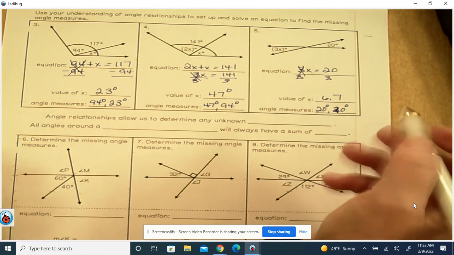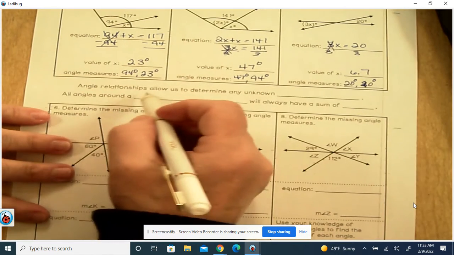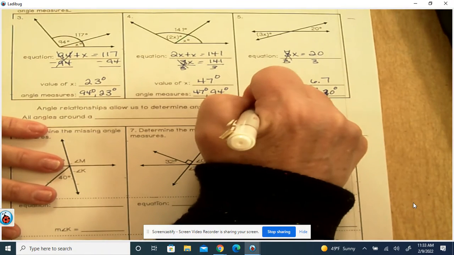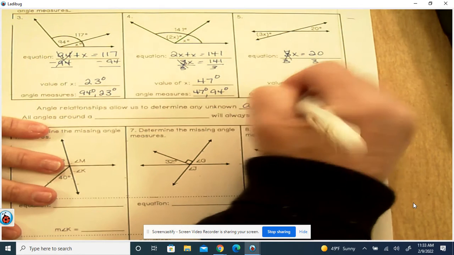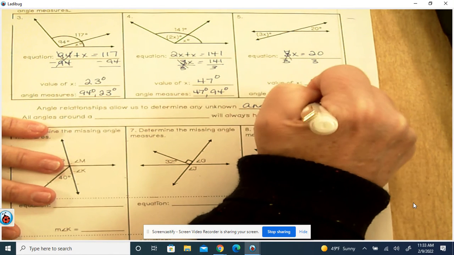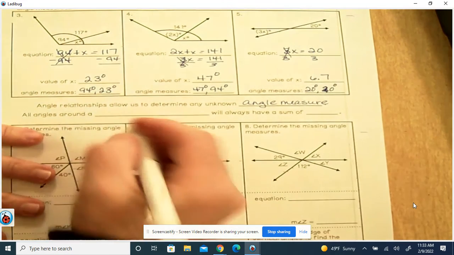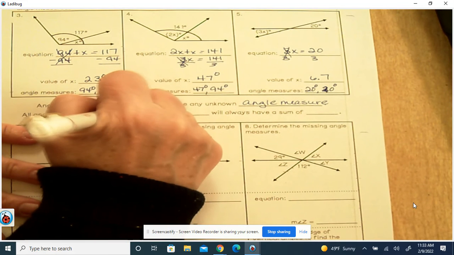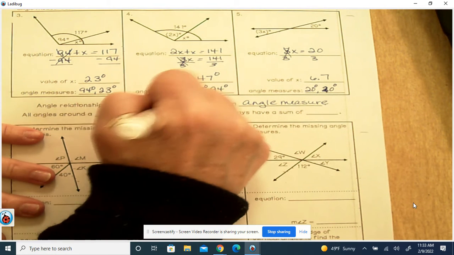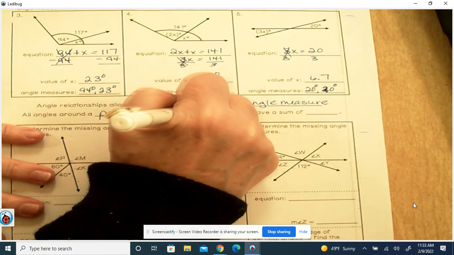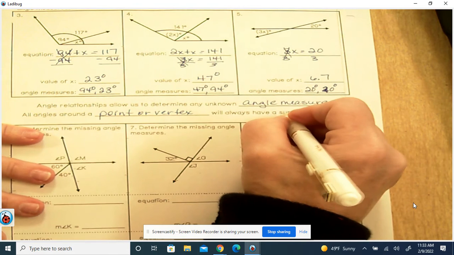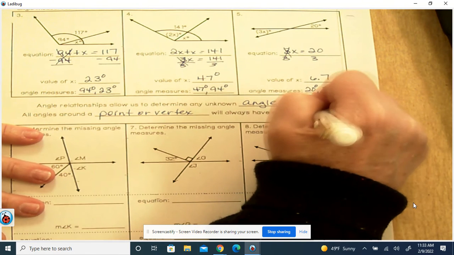Yep. Okay. Angle relationships allow us to determine any unknown angle measure. All angles around a point or vertex will always have a sum of 360.